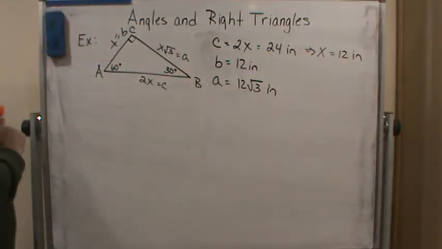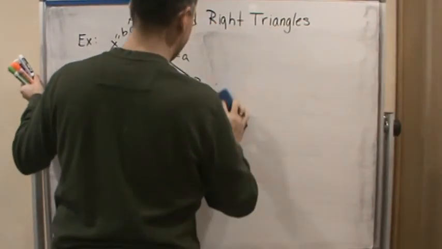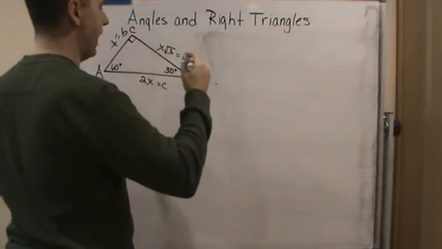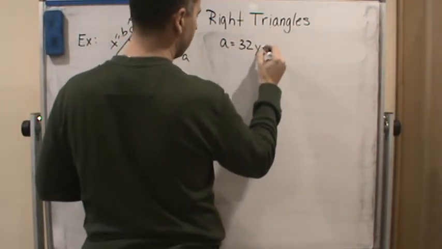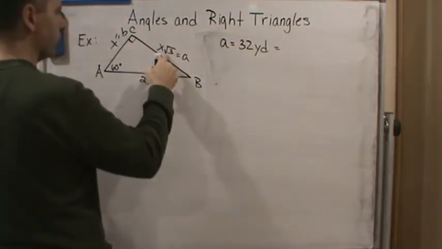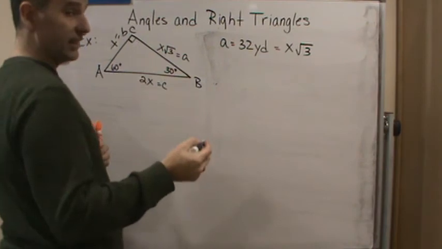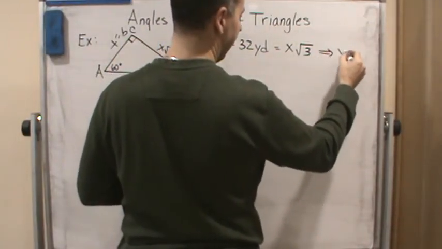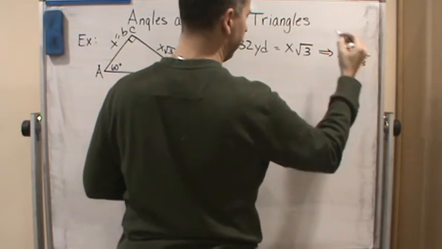Same thing though. And then the last one is they give us A. What if A is 32 yards? So now A equals 32 yards, but A is also equal to X times the square root of 3. And so now I can solve for X. That means X equals 32 divided by the square root of 3.